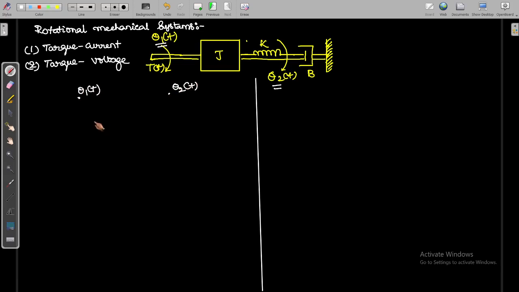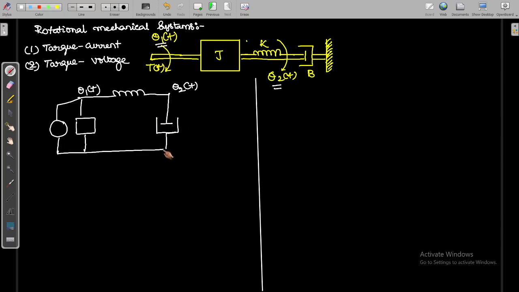For this theta 1 of t, one torque is connected. Next, one moment of inertia is also connected. Between theta 1 and theta 2 you have one spring constant, that is k. For theta 2, you have one frictional coefficient, that is b.